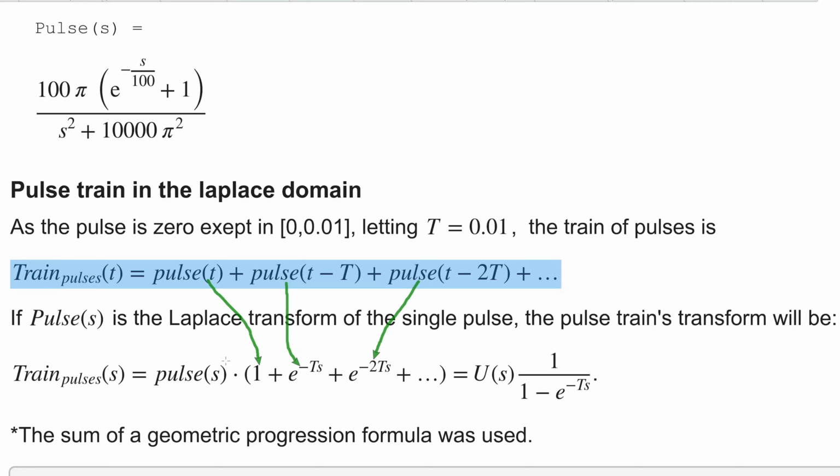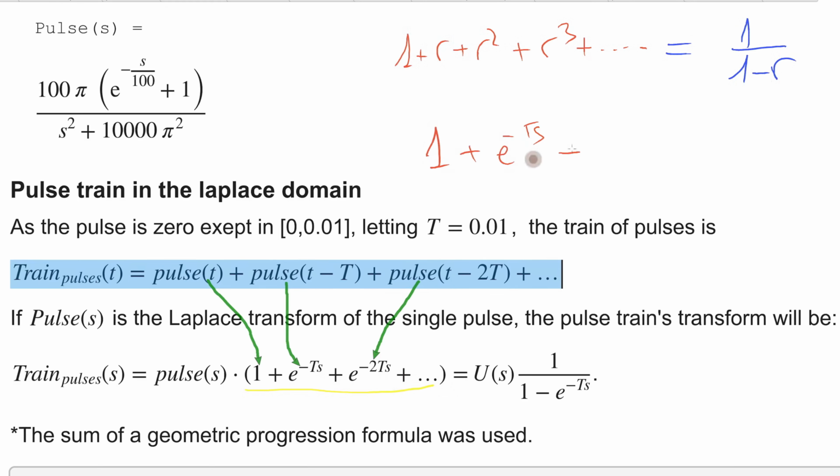So we have an infinite sum, but if we recall, the sum of a geometric progression has this expression, and in this case, this thing is 1 plus this exponential squared, plus, etc. So applying this formula, we get this thing.